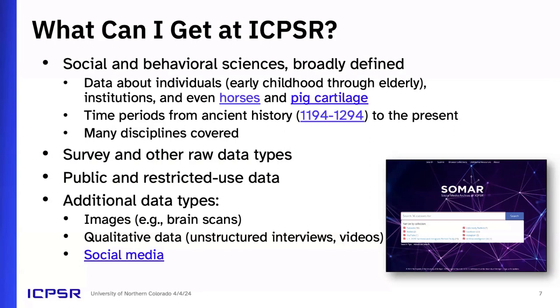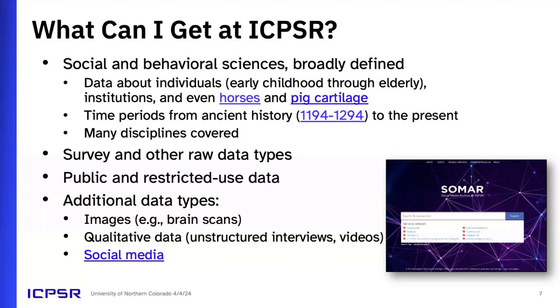Thankfully, they've stopped adding letters to our name because it's not pronounceable anyway. But we continue to add more and more kinds of data to our collections. So don't let the social and behavioral sciences label limit you. If you're in education, for example, that is still something that we very much cover, nursing as well.